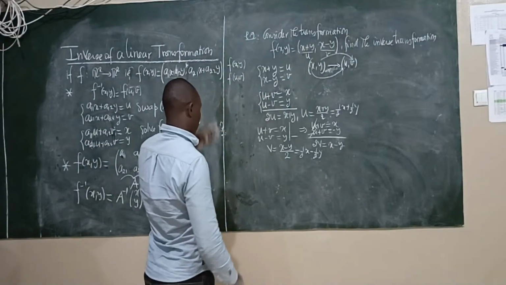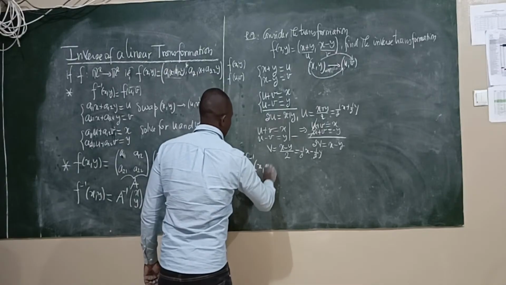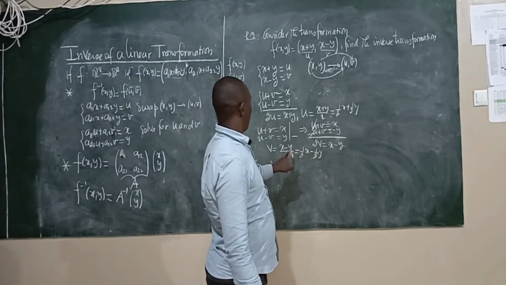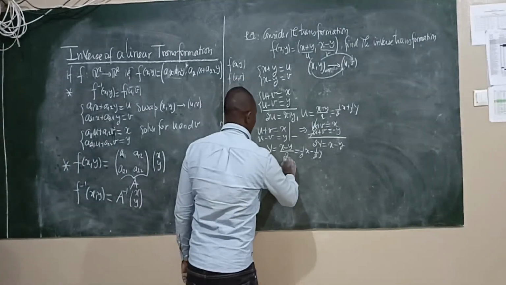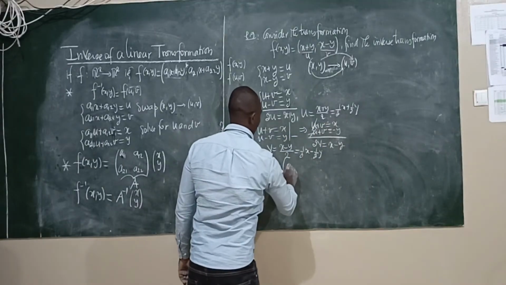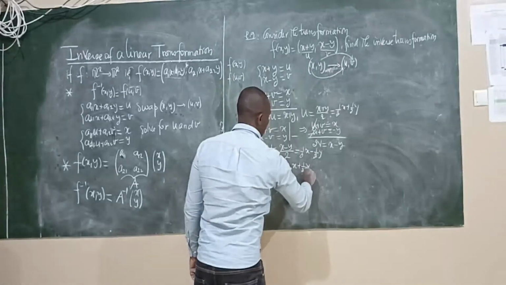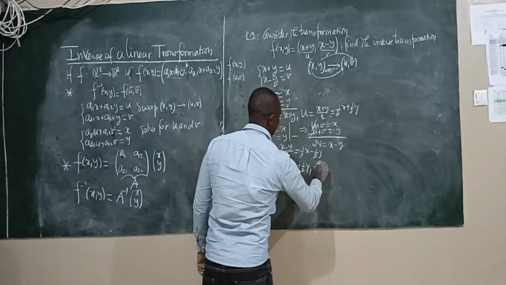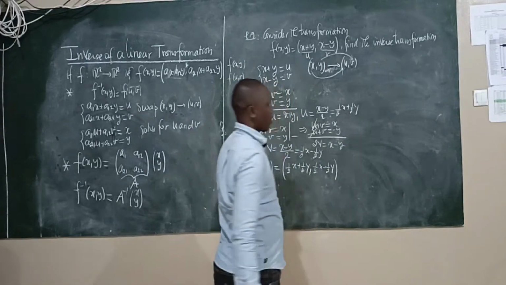Guys, the inverse function will be f of u is this. Here u is this. We have 1 over 2x plus 1 over 2y, comma v is going to be 1 over 2x minus 1 over 2y.